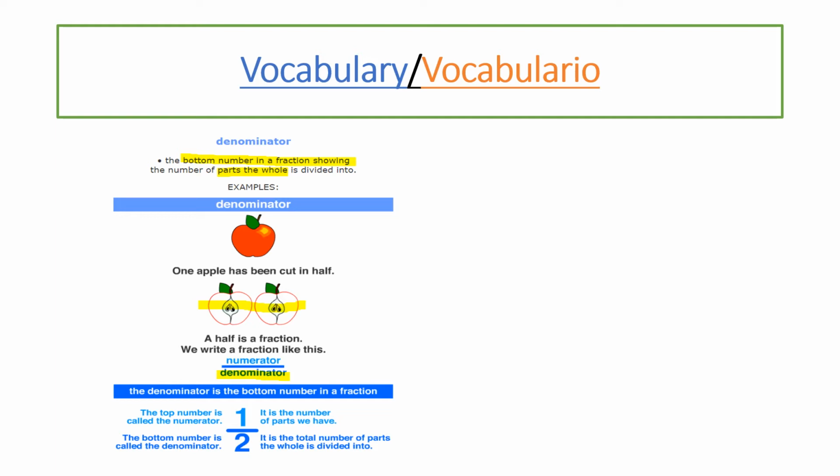Now I'm going to write something on the screen in purple. So 1/2 is saying that I have 1 out of the 2 parts. 1 whole is saying I have both of those 2 parts.